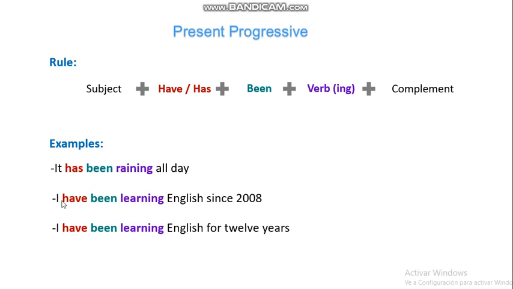The same. Have because the subject is I, been and learning with ing. In the third example, I have been learning English for 12 years. Okay, we have since and for. We are going to see later the difference between since and for.